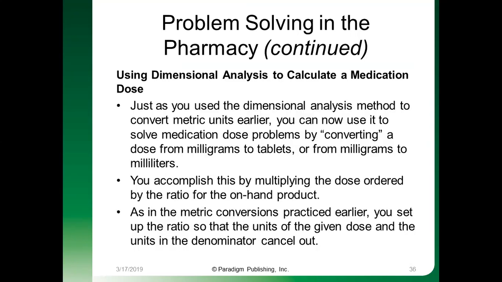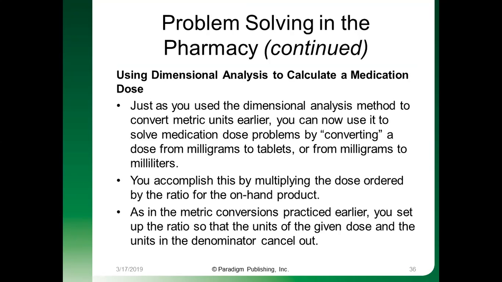So, using dimensional analysis to calculate the dose. Just as you used the dimensional analysis method to convert your metric units learned earlier in this chapter, you can now use it to solve medication doses by converting a dose from milligrams to tablets or from milligrams to milliliters. You accomplish this by multiplying the doses ordered by the ratio for the on-hand product.